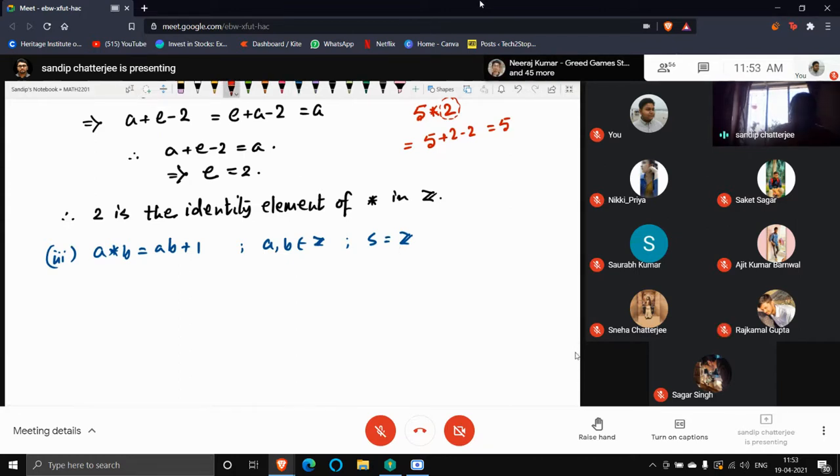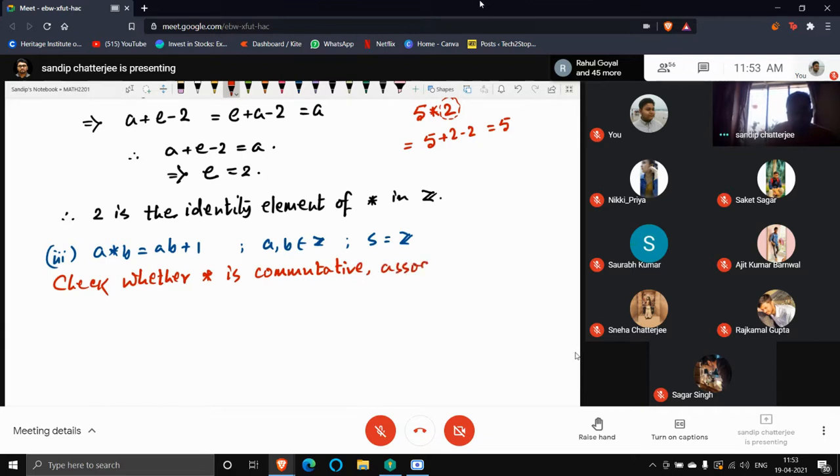I'm keeping this problem for you also. Now, the question is, check whether star is commutative and associative, number 1.